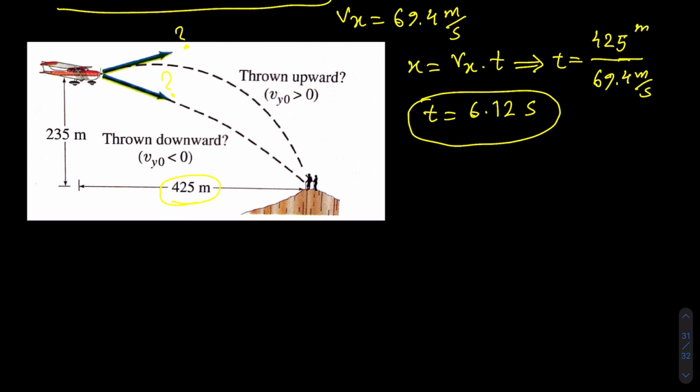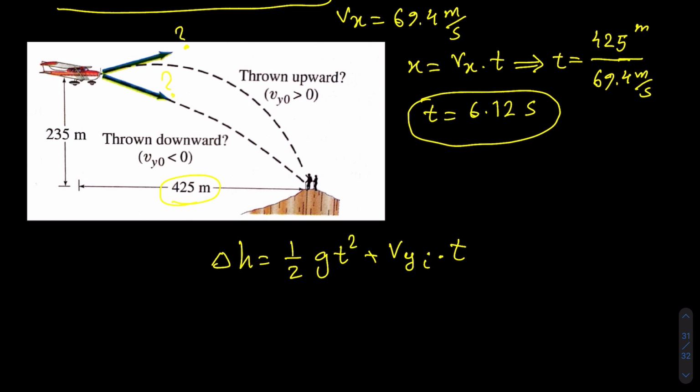kinematic equation. I will write it: delta H is equal to a half of g t squared plus Vy initial times t. Vy initial means the initial vertical velocity of the supplies, so that's why I write it V sub yi.